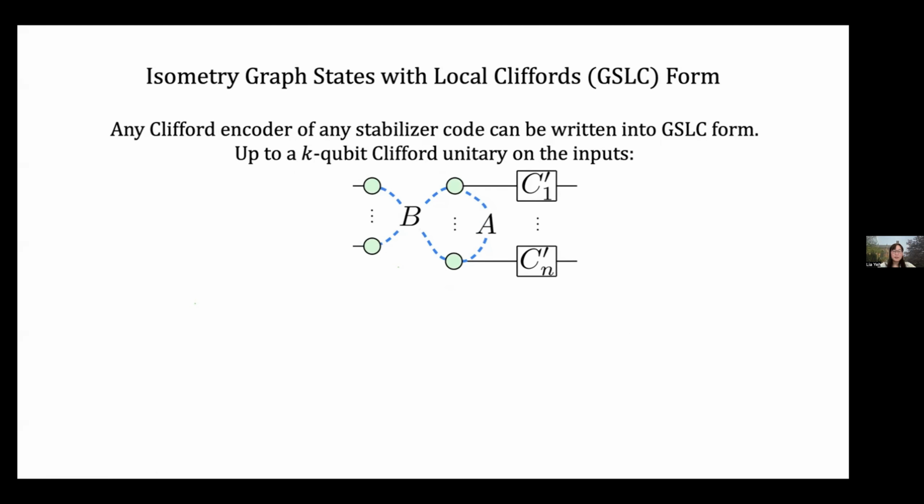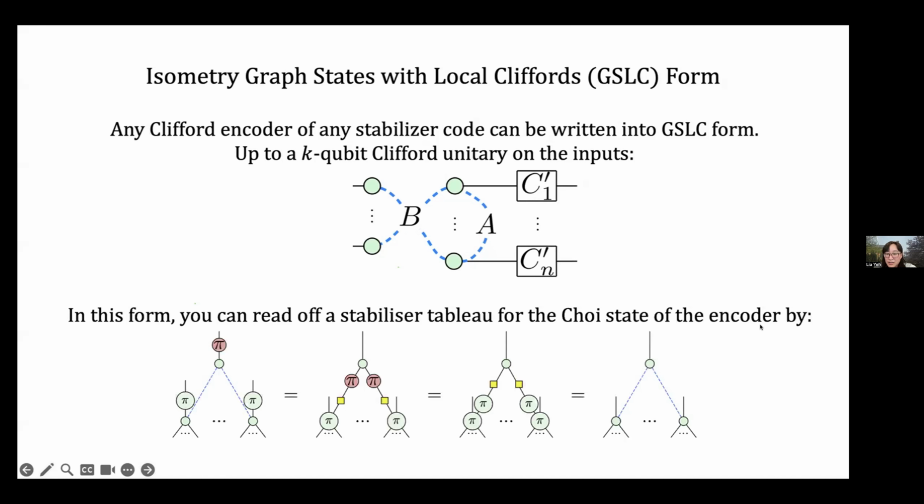So let's ignore that and ignore the input local Cliffords and the CZ edges. So this is what we're left with. And this lets you directly read off a stabilizer Tableau for the choi state of the encoder. Technically this lets us read off just from this part.